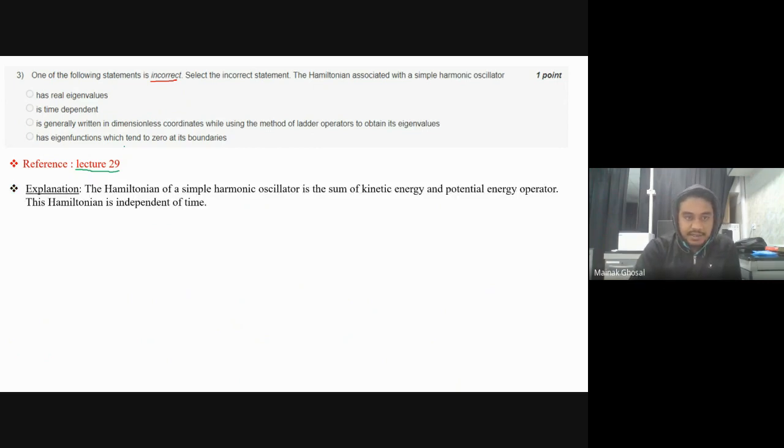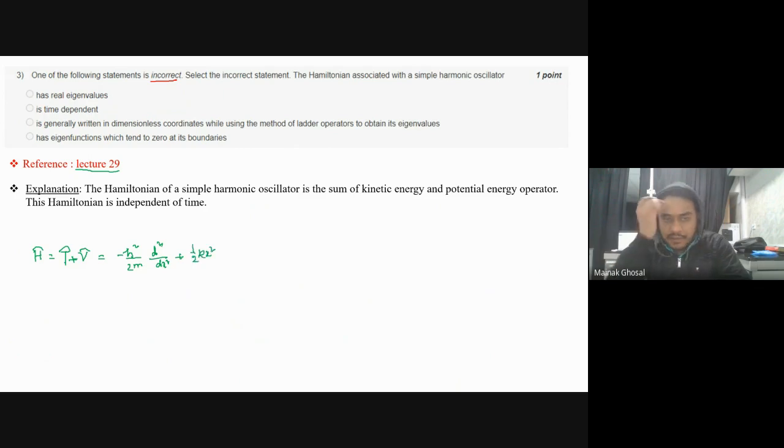I have written that the Hamiltonian of a simple harmonic oscillator is the sum of the kinetic energy and the potential energy operators. So we have seen this Hamiltonian operator is the sum of T plus V. What is the T operator? The T operator is minus h cross square by 2m d2 by dx2 in one dimension, plus half kx square.